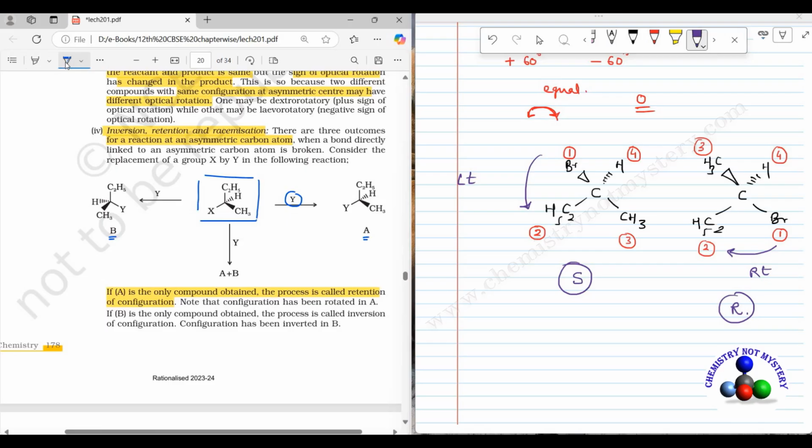But if the reactant and product have the same configuration, it means the reaction takes place by the retention of configuration. If they have opposite configuration, it means the reaction takes place by the inversion of configuration.